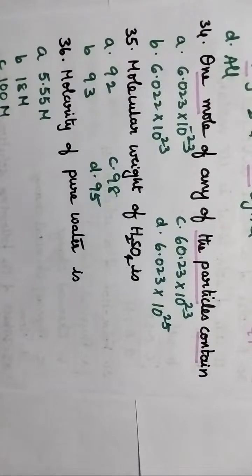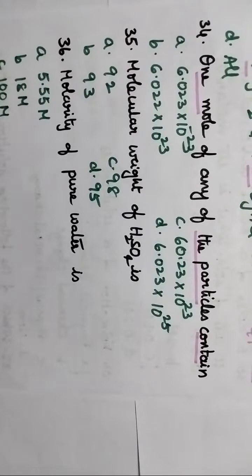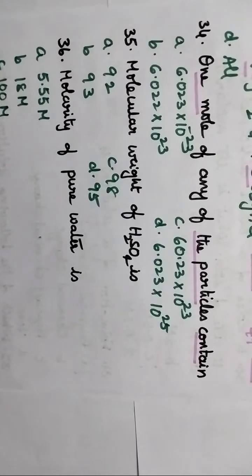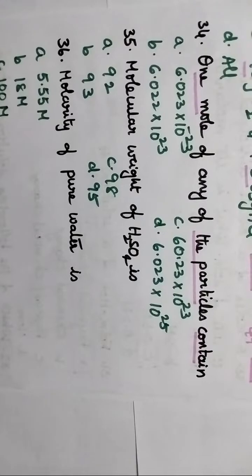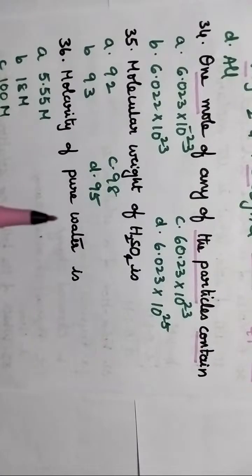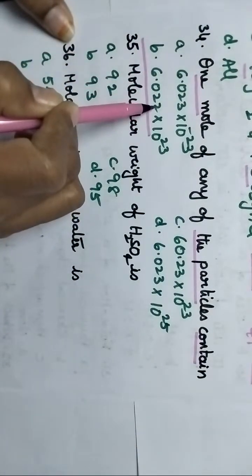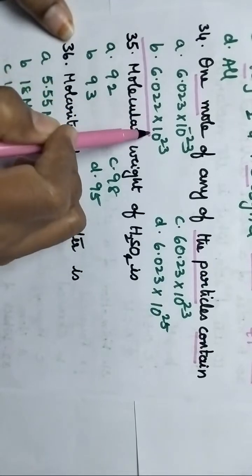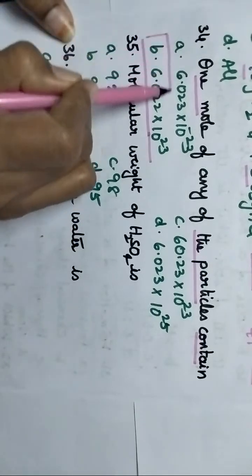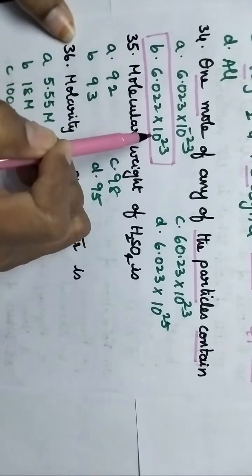I will give an indirect clue. People are giving different options. Why is it so? Are you not confident? Yes, Suhani gave the right answer. Avogadro number of particles. Avogadro number means 6.023 into 10 power 23 number of particles.